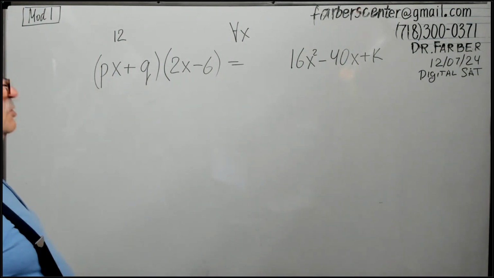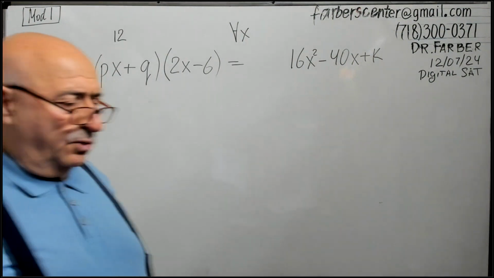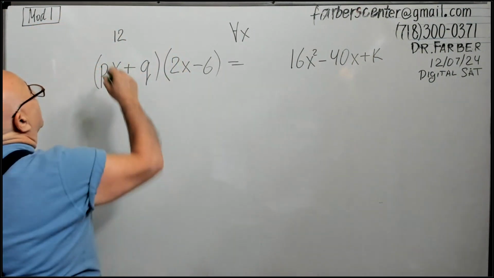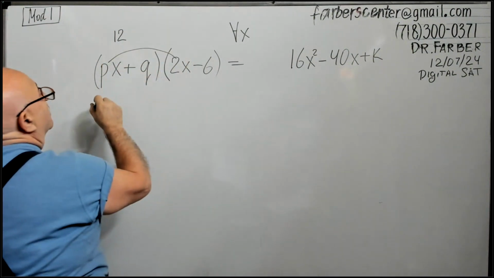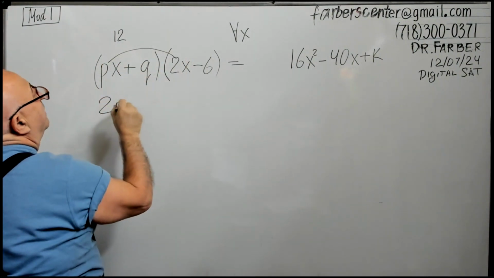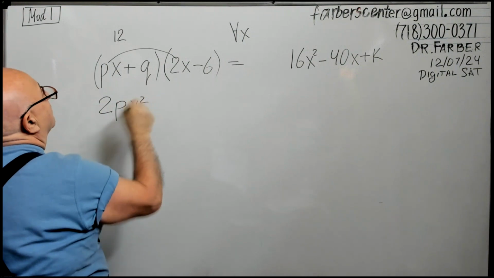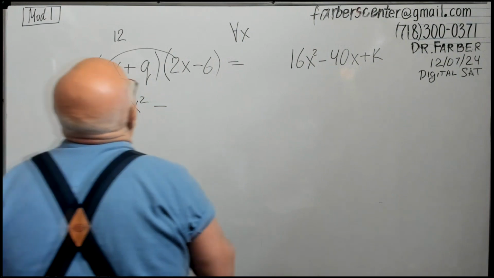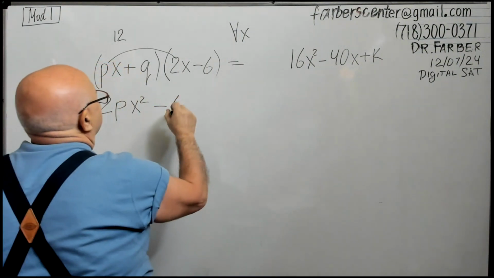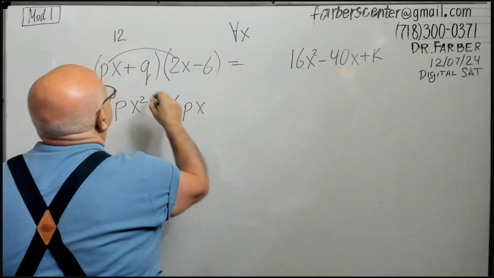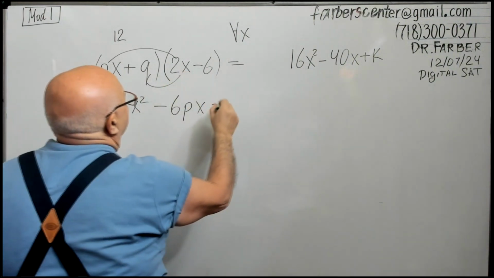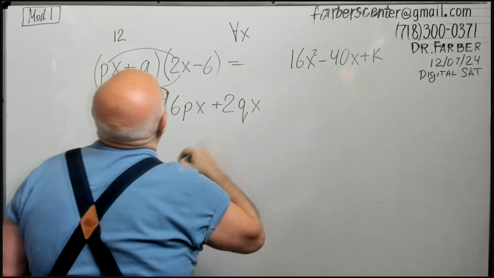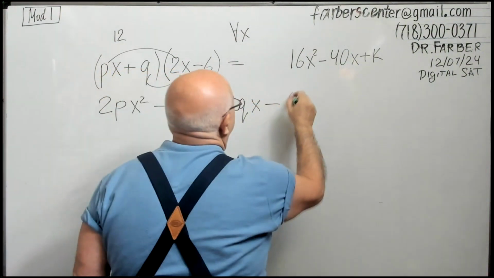So use the FOIL rule like you studied, or the distributive property, and write down 2px squared minus 6px plus 2q and minus 6q.